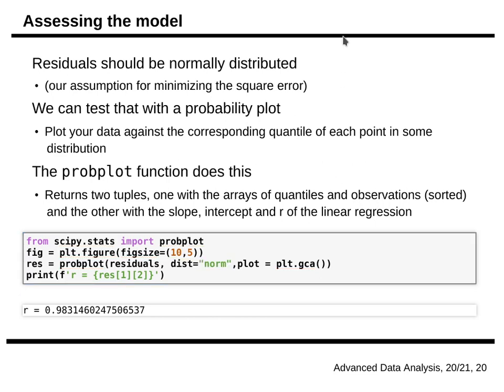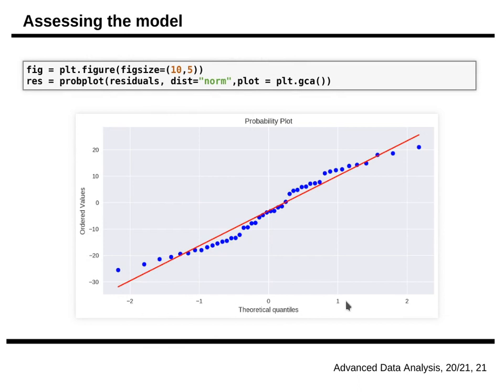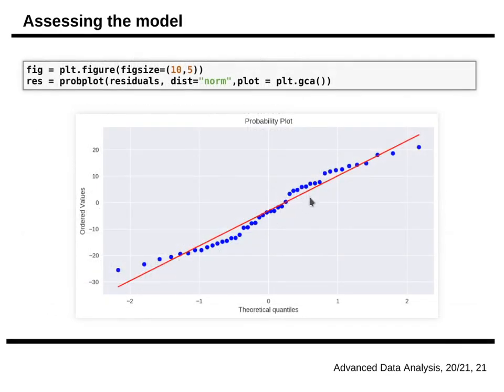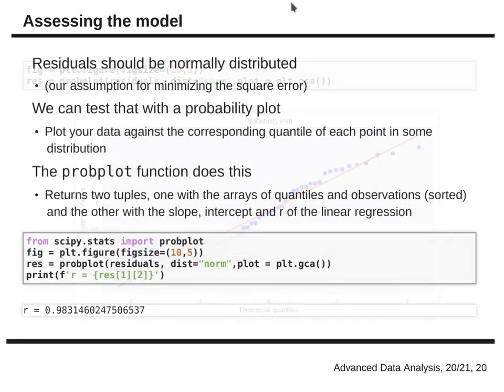So we have everything sorted in increasing order, and we have the two arrays with the quantiles and the observations. So this is the first tuple. The second tuple has the slope, intercept, and R of this linear regression that you see here, the linear regression of the values of our residuals, our observations, with respect to the quantiles here on the distribution.